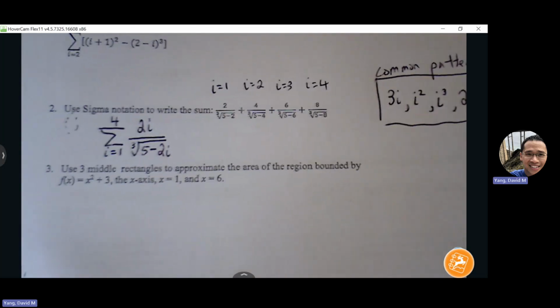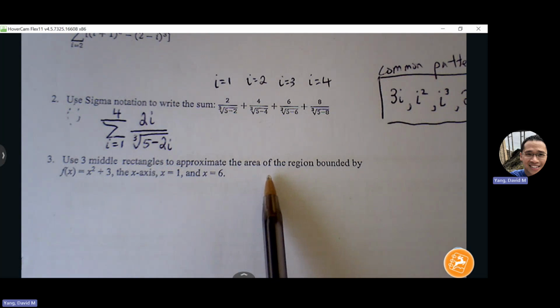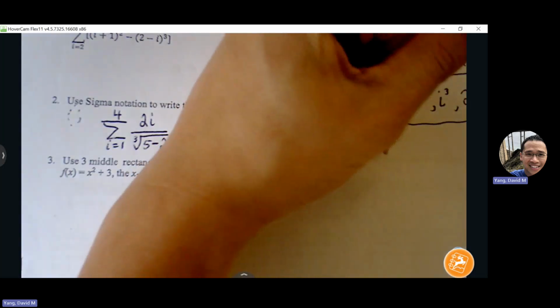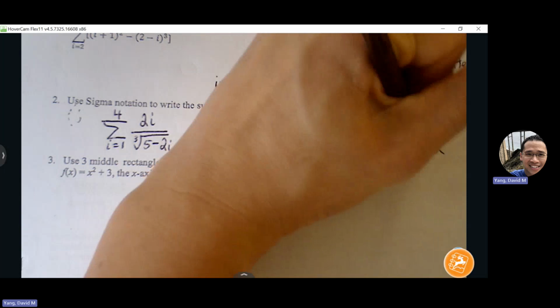Okay, number three is middle rectangle approximation. So we have to create our subintervals, build our subintervals, and then find the midpoint, and then plug the midpoint into the function. First we need to find the width, and the width formula will be given to you. It's just b minus a over n.